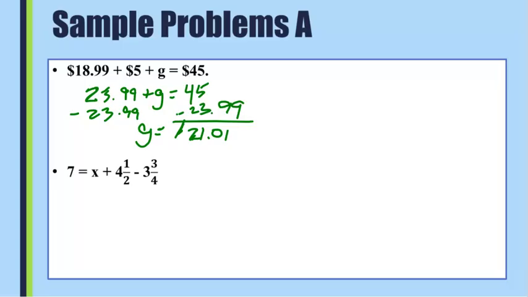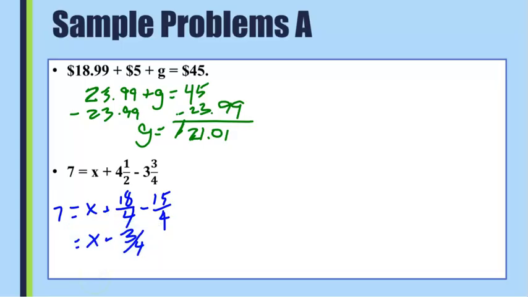So 9 halves, and if I multiply that by 2, that's 18 fourths minus 15 fourths, plus x is equal to 7. So 18 fourths minus 15 fourths is going to give us 3 fourths. So I have x minus 3 fourths is equal to 7.